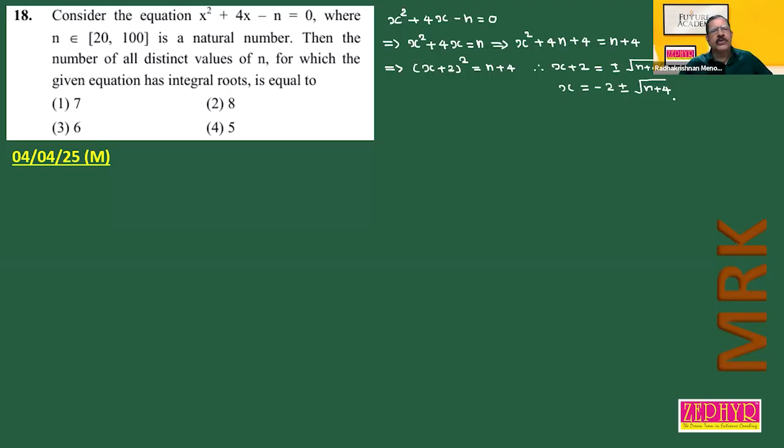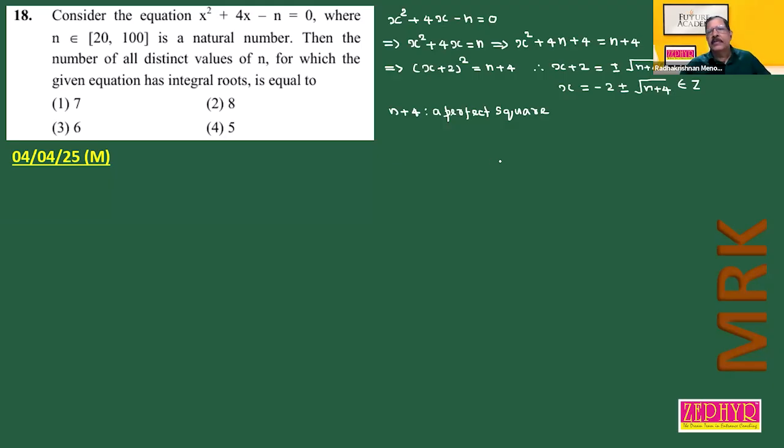So n plus 4 should be a perfect square. Why? Because the roots belong to the set of integers. Integer ആയിരിക്കണം.